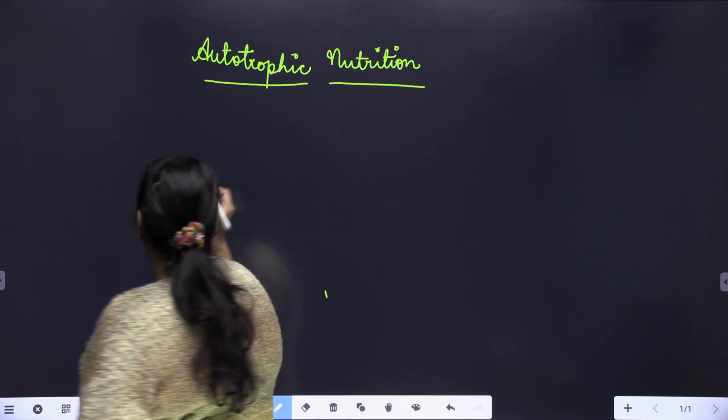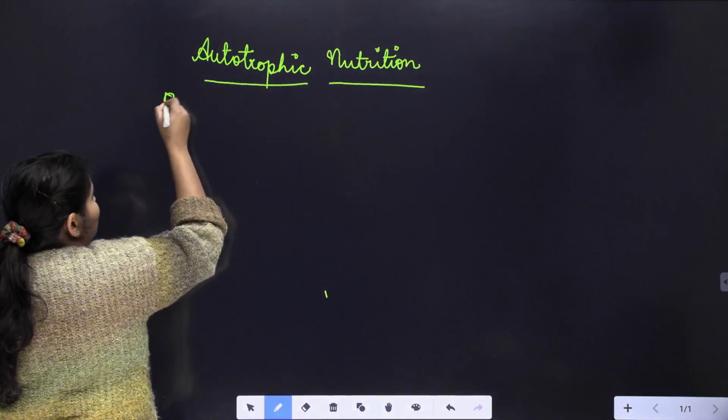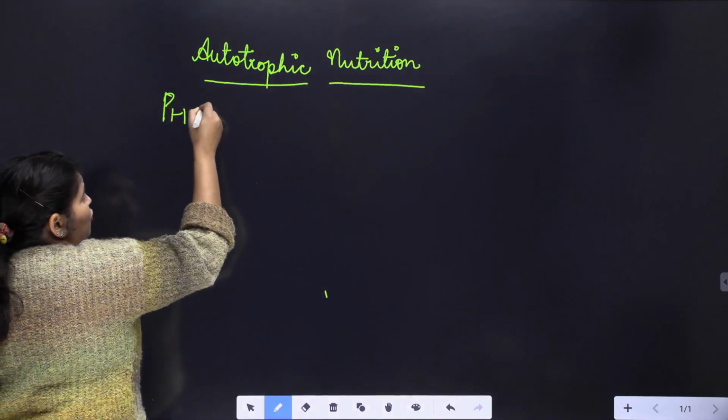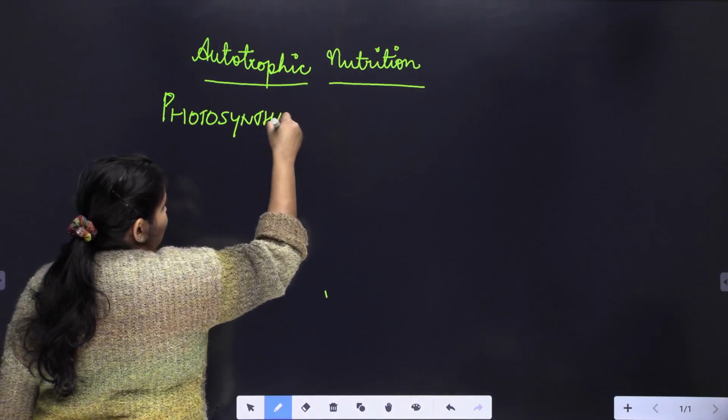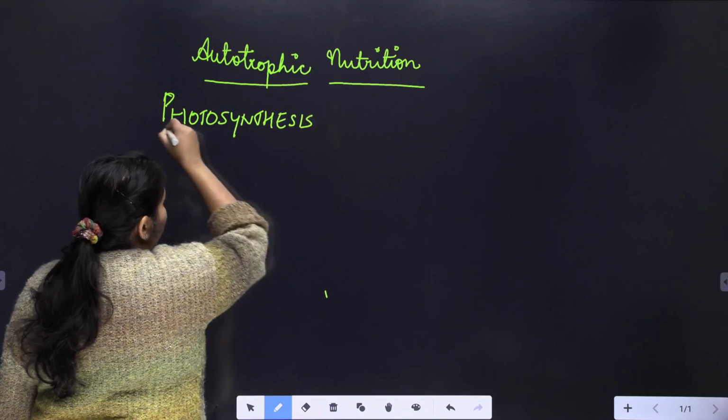All right. So when we'll be talking in detail about the photoautotrophic mode, the photoautotrophic mode means we will be talking about the process of photosynthesis. What is photosynthesis?